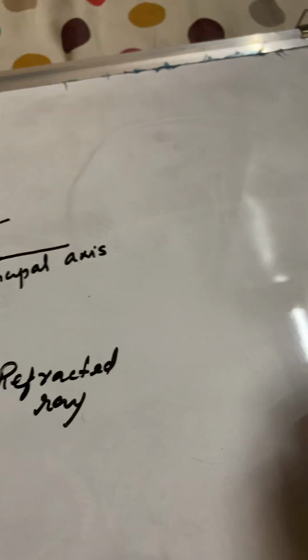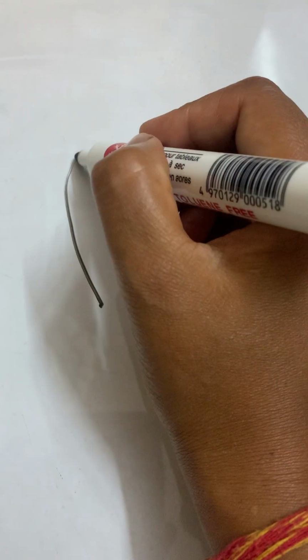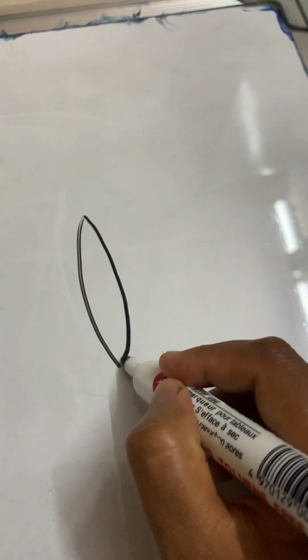Okay, let's see. Give me a little time. Here is a lens, convex lens. How to make it? You will make equal curve on both the sides.